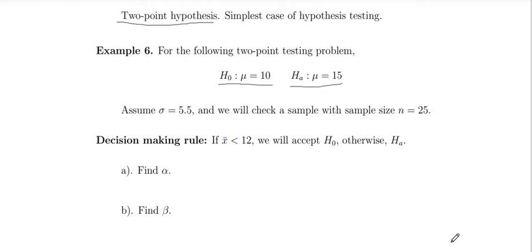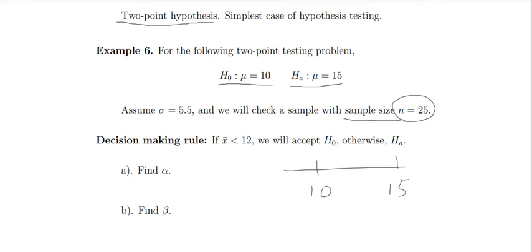So we set the decision-making rule. Some people say 10, some people say 15, so we want to determine which. We just let the data make a decision. So we take a sample of size 25.